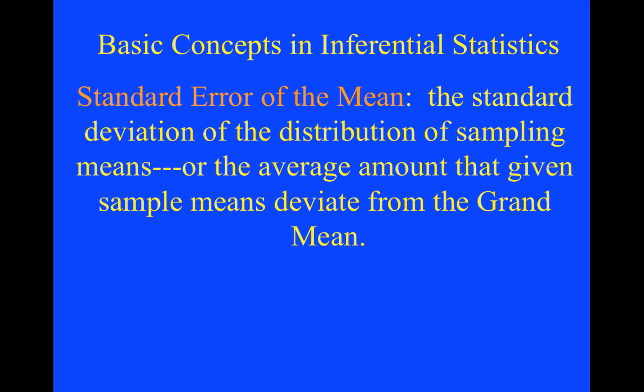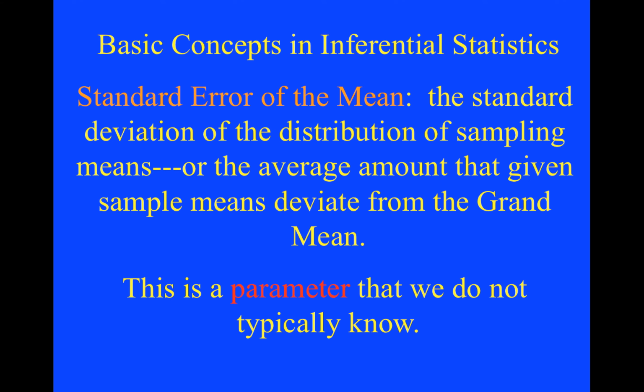We could compute the mean of each of those samples. We can also compute the standard deviation of the distribution of sampling means, or the average amount that a given sample mean deviates from the grand mean. So imagine now we have all these possible samples that give us a mean. We can figure out how much they, on average, deviate from the true mean, the parameter, or the grand mean.